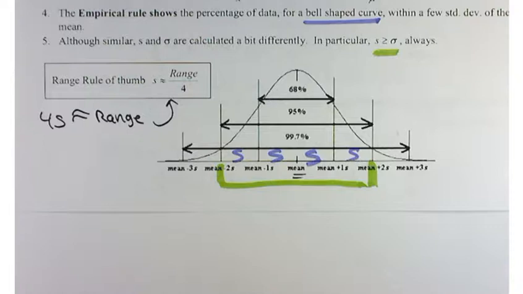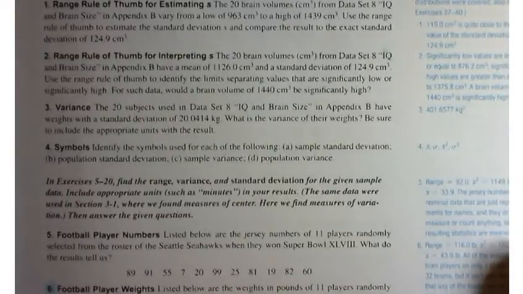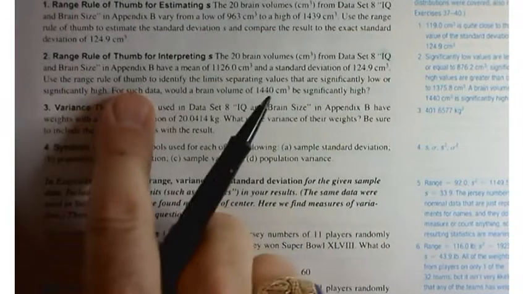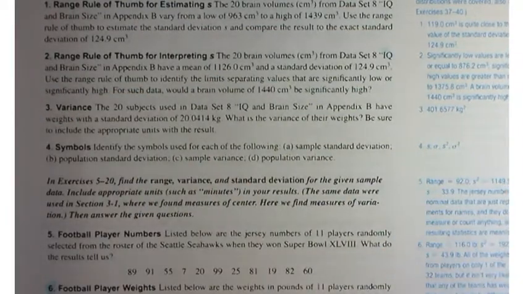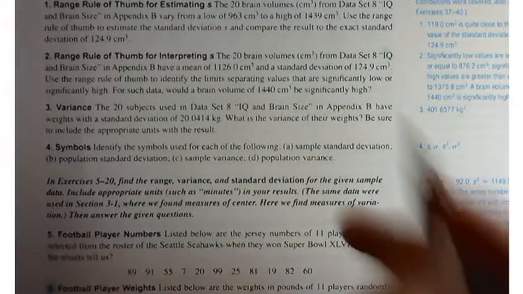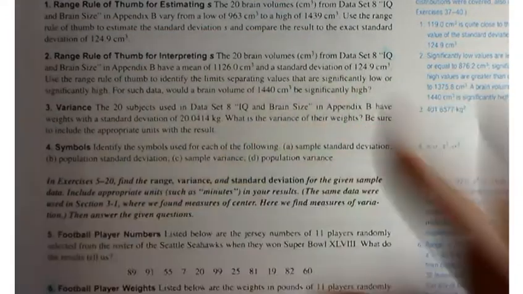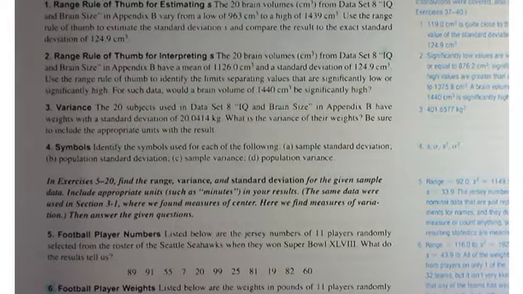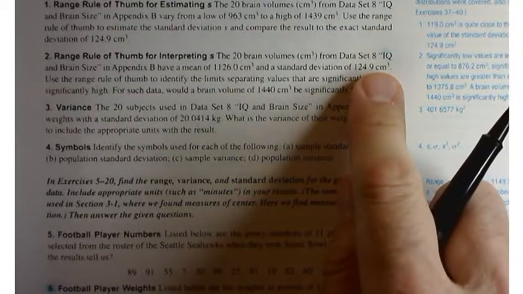Now the one piece of data that they refer to in the book, range rule of thumb, they're going to apply it to brain volumes, and that refers to data set 8. So we'll calculate the range rule of thumb for data set 8.